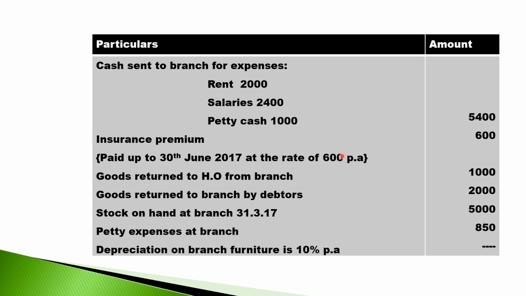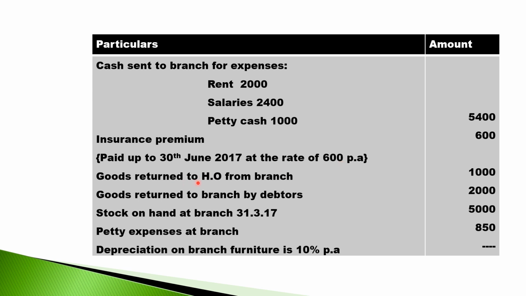How does 150 come? 600 per annum, so 600 divided by 12 into 3. So you get 150. So 150 is the insurance premium called prepaid insurance. This will be treated as closing asset.